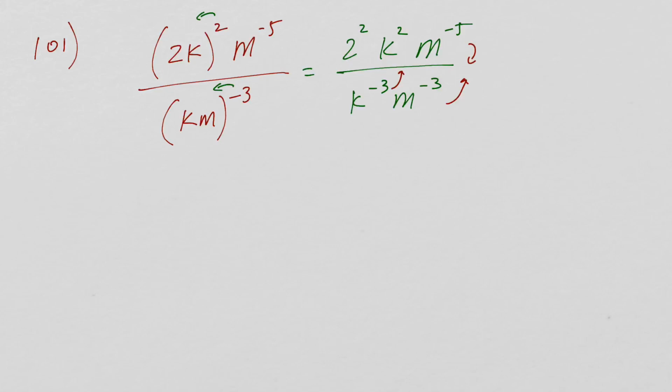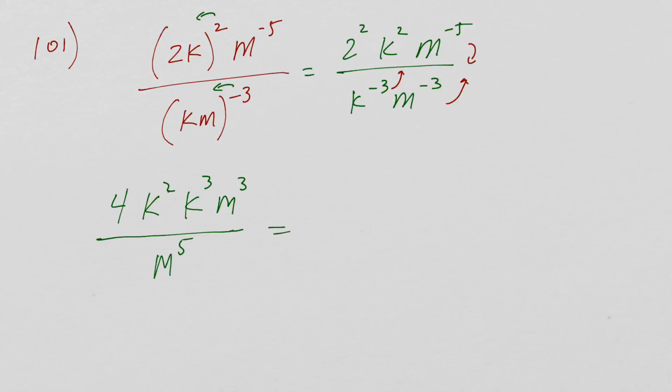So I'll end up with 2 to the 2nd is 4. I have k squared and k to the 3rd, and m to the 3rd up top. And on the bottom, I have m to the 5th.